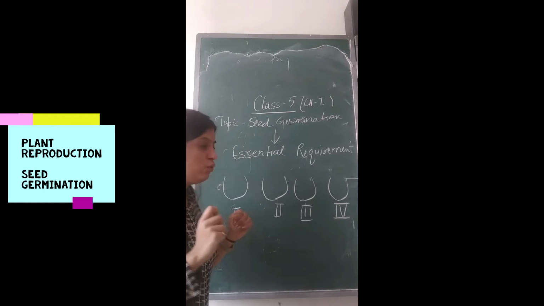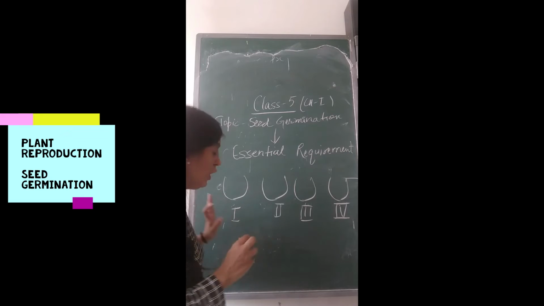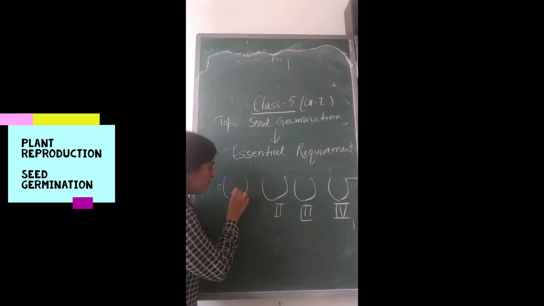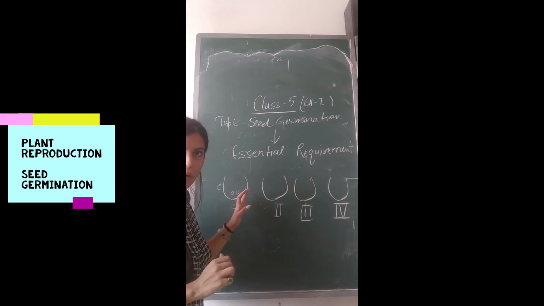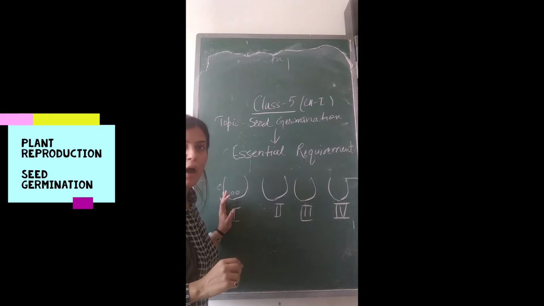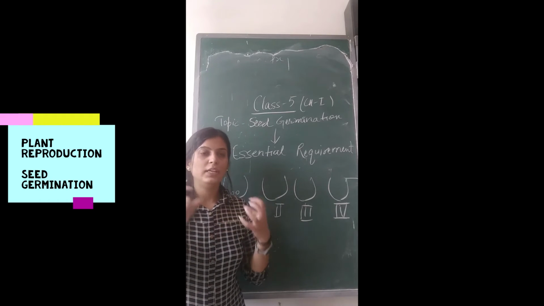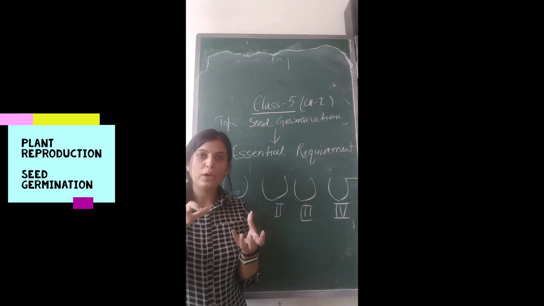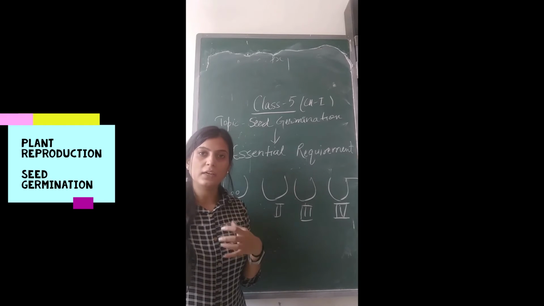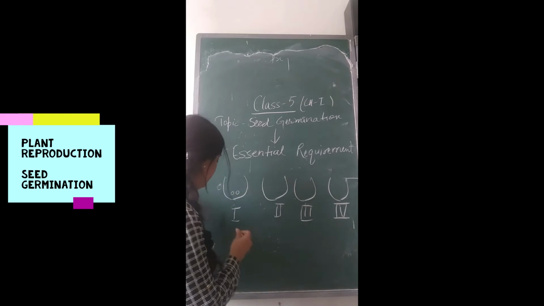For the first bowl, put the seeds into the bowl and place the bowl somewhere where there is proper air and sunlight.